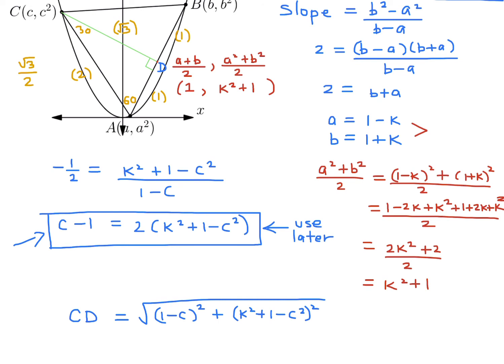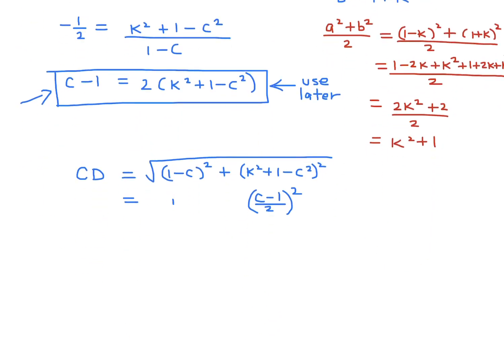So that is essentially just going to be (c minus 1) over 2, all squared, like that. And this just becomes 1 minus c, or we can flip it since it doesn't really matter since it's being squared. And therefore this is going to be (c minus 1) squared over 4. So if you add that fraction, it'll be 5 over 4 times (c minus 1) all squared. All right, great.